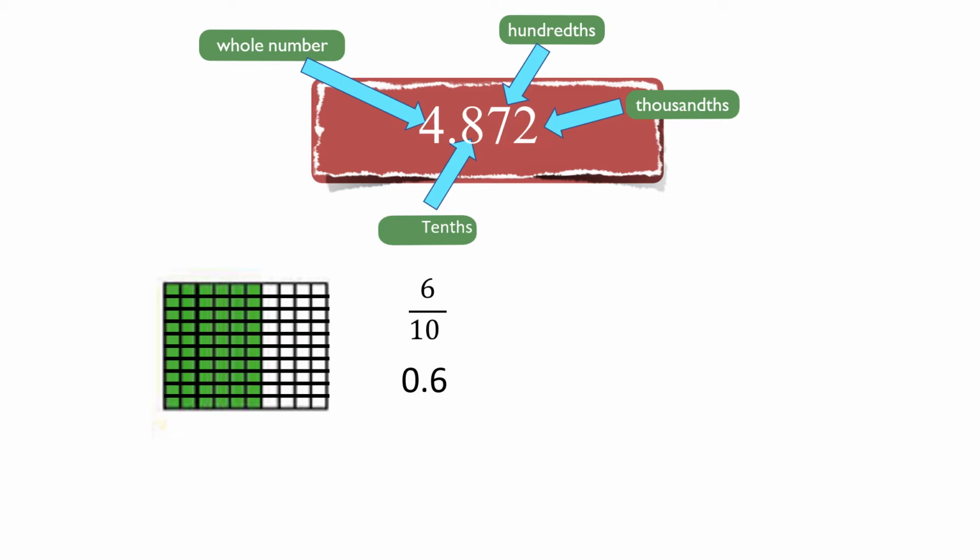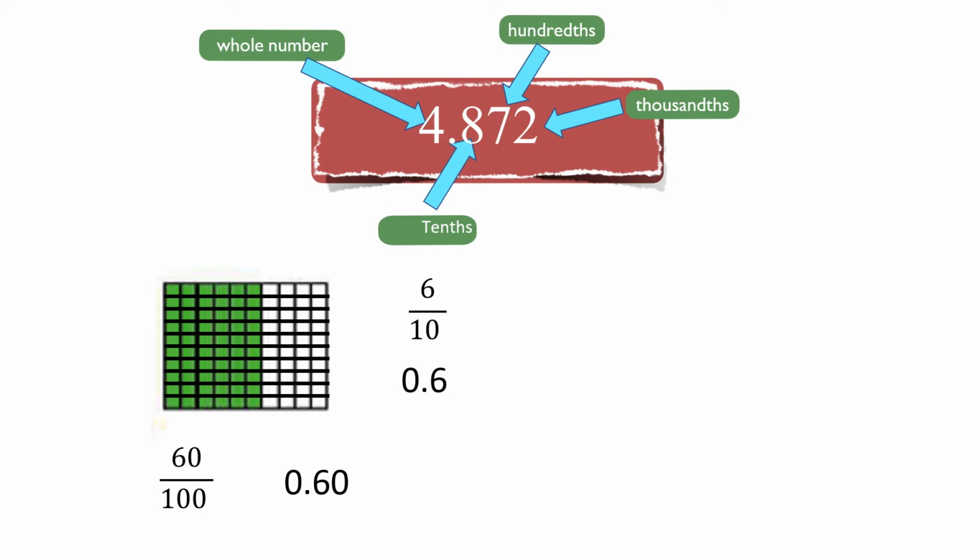How many small squares are shaded here? Of course, there are 60. Just count: 10, 20, 30, 40, 50, 60. 60 small squares are shaded out of 100 small squares in the shape. So it will be 60 out of 100, which is 0.60 as a decimal.